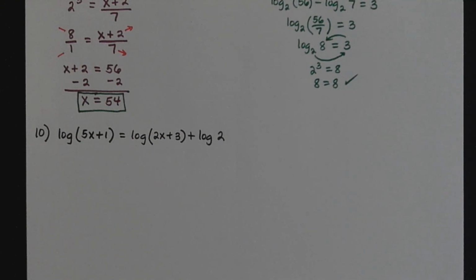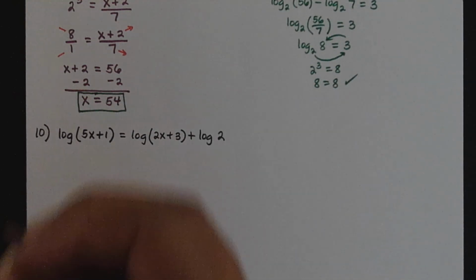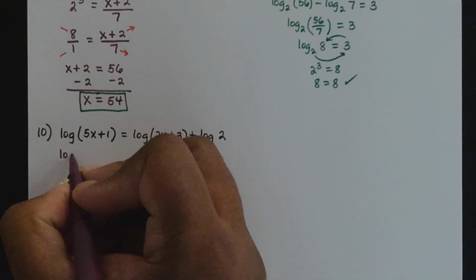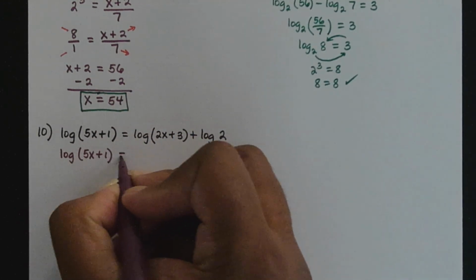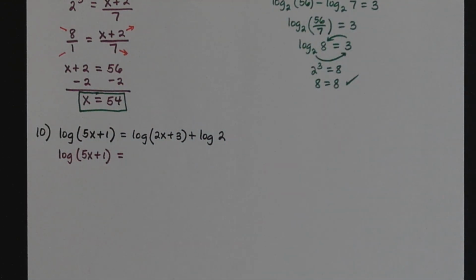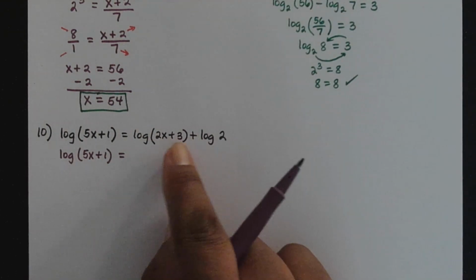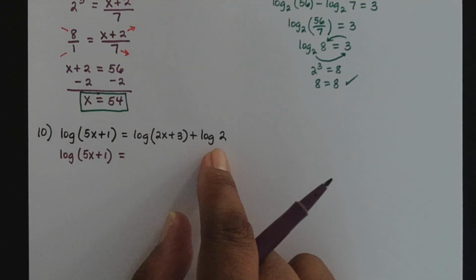Okay, so first of all, we need to condense each side as a single logarithm. Well, the left side is already a single logarithm, so I have log of 5x plus 1. Now on the right side, what rule do I need to use to condense the right side? The product rule, because I have the sum of the individual logarithms. I can condense that as the log of the product.